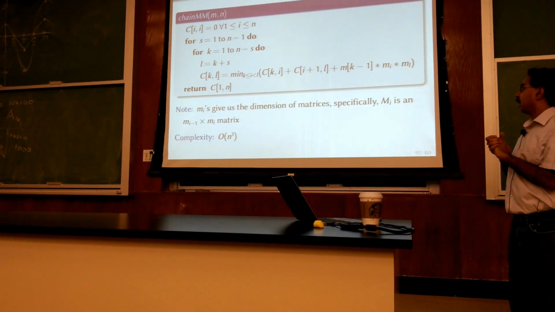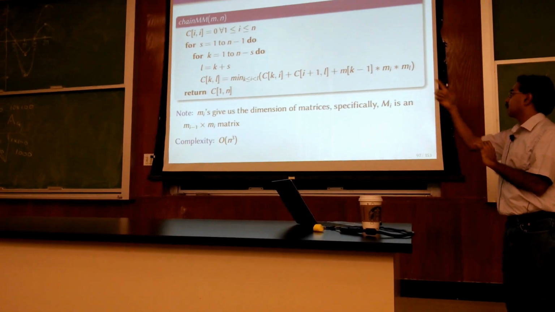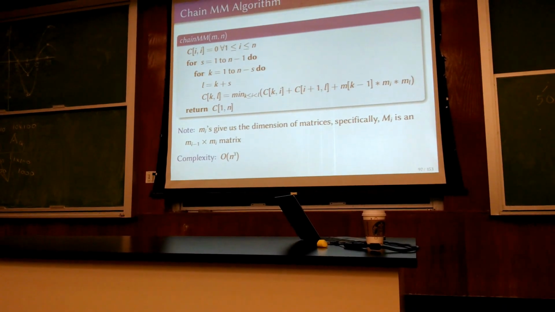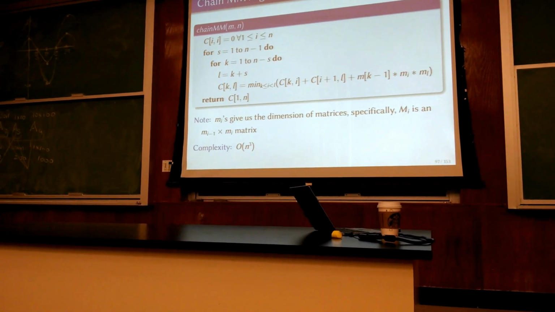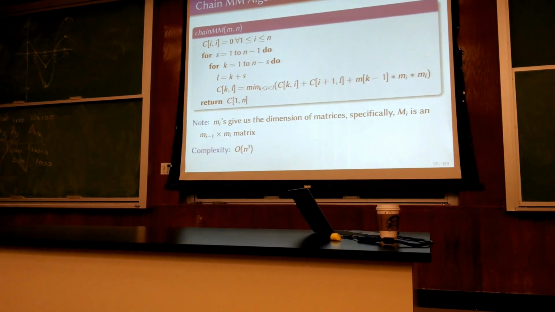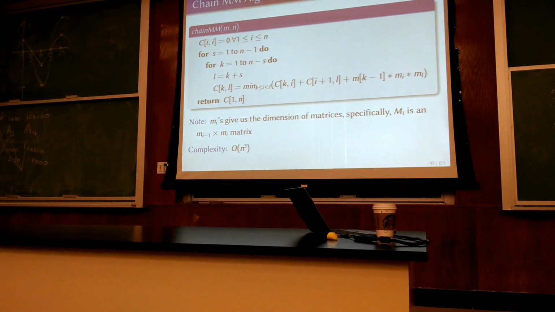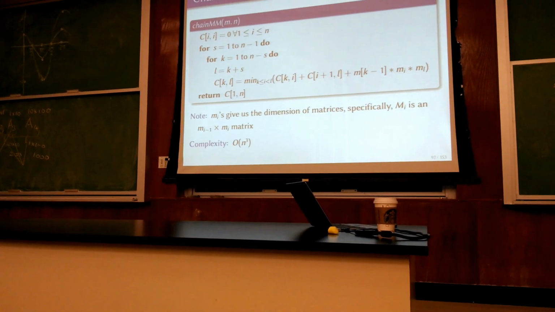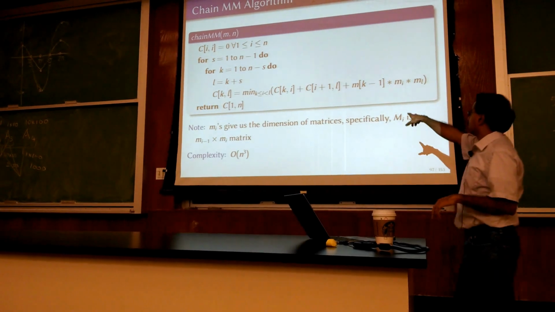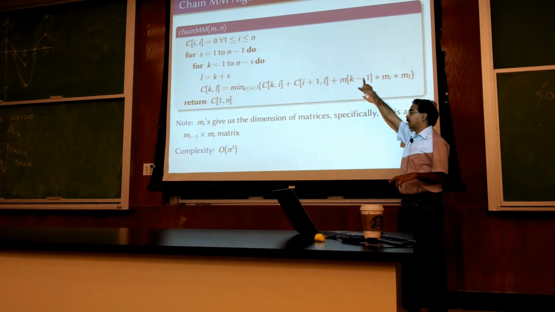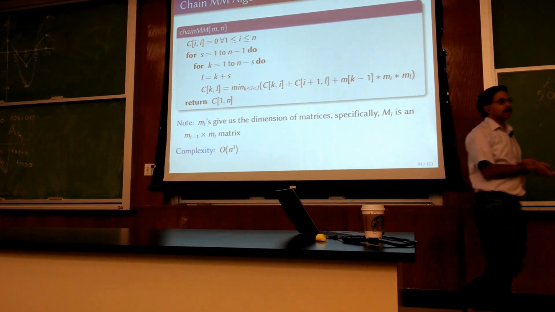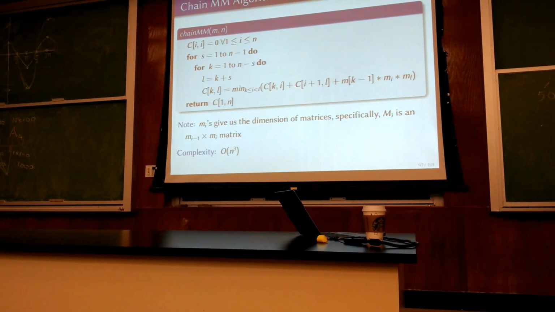And you can see that the difference between k to l is given by the value of s, which means that it is going to be on the average n by 2, because s goes from 1 to n, so the average value of s will be n by 2, which means that this min operation is going to execute about n by 2 times each time you execute this, which means that you have an n cube algorithm.